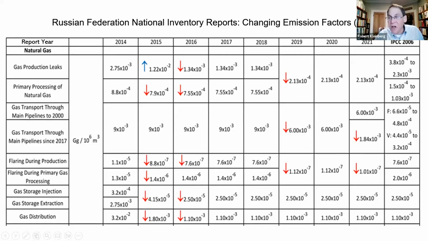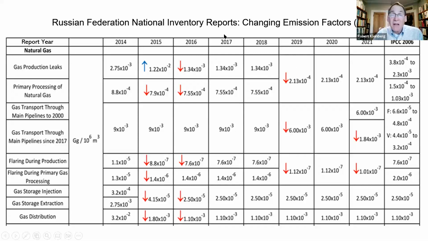In the rightmost column are the Intergovernmental Panel on Climate Change, IPCC, estimates of default emission factors from 2006, and the Russian numbers bounce around those. They've been generally getting closer to them. This is what nations normally use if they don't have any better numbers.